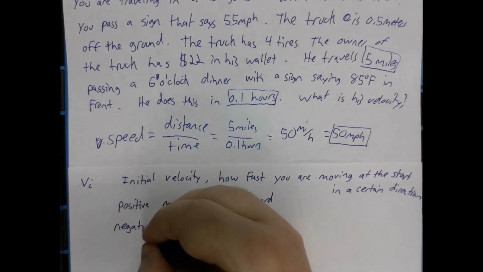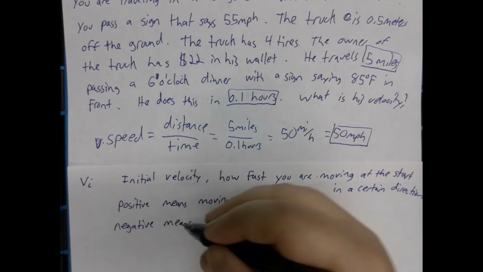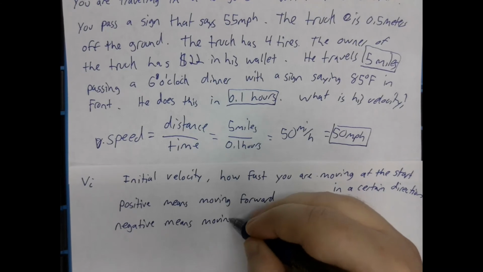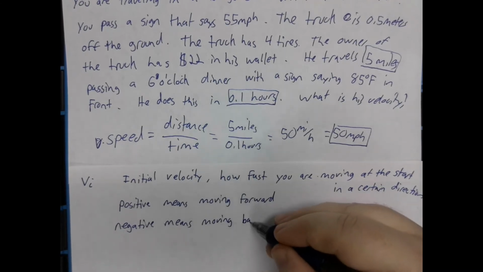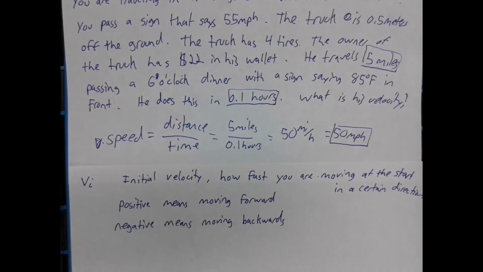Negative means moving backwards, compared to the start. We usually let the starting number be positive. Again, you're going to have to read the problem to understand what the initial velocity is. You can't just look for numbers and just write the first number you see.